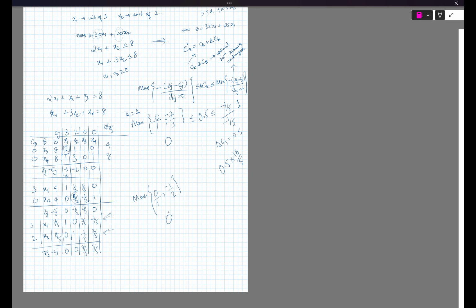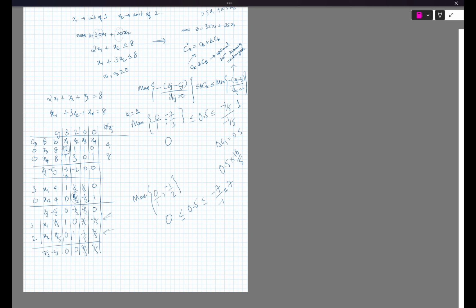So this is 0. Delta C2, so basically again 0.5 only. And this one, it's negative only here. Minus 7 by minus 1, 7. This is also satisfied.